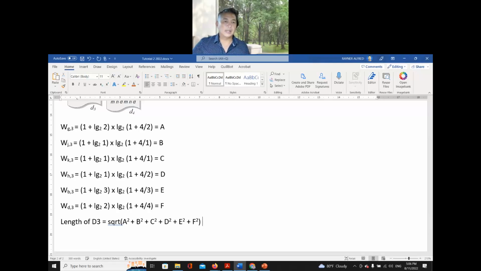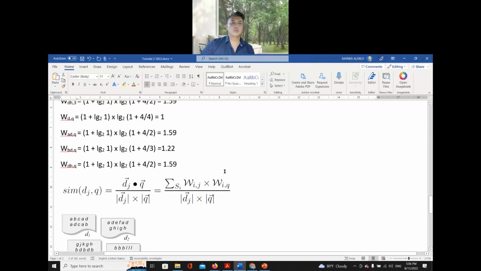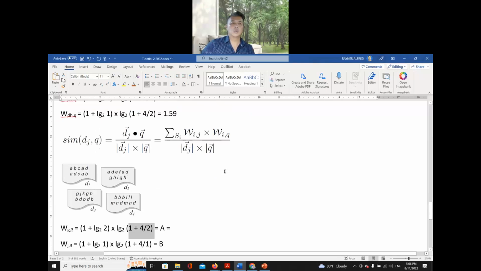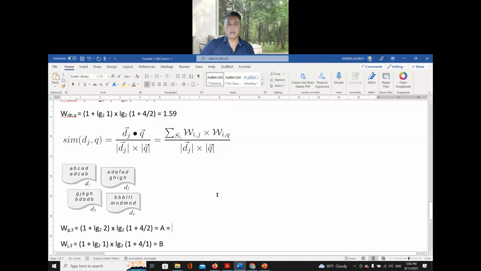What is A? This is 1, it becomes 2, and this is 3. Log base 2 of 3 will be 1.59, times 2. What is A? Very quick. 3.18. So what is the value for A?